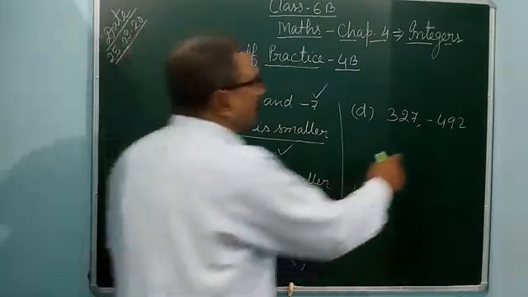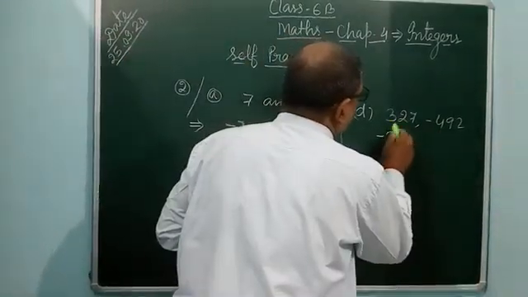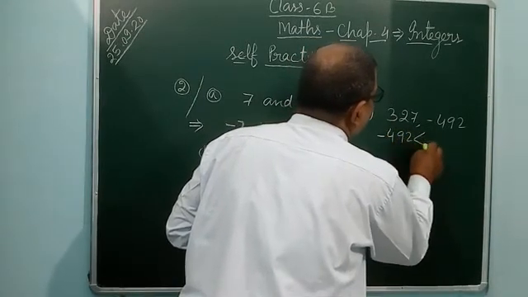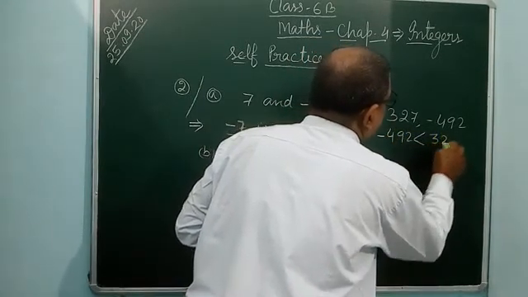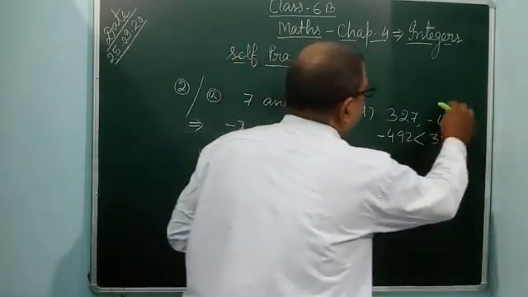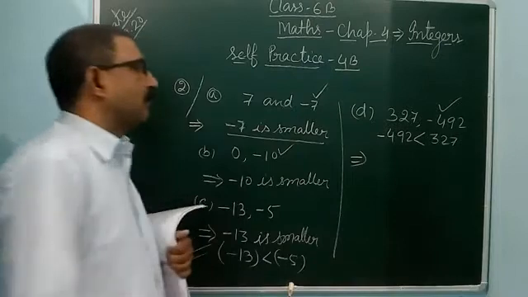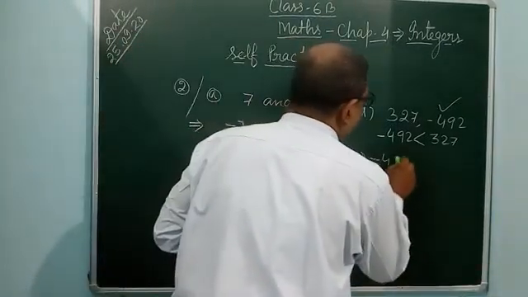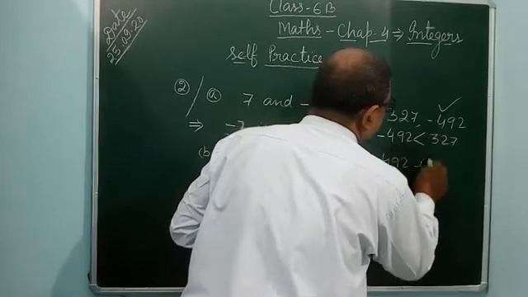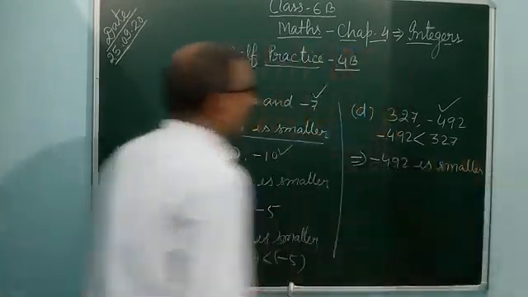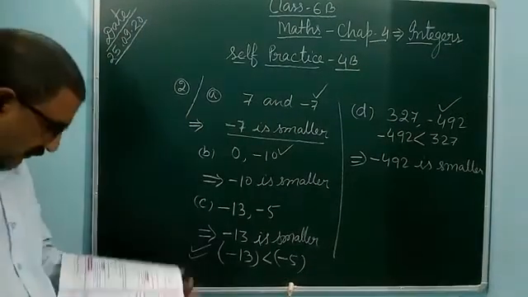So minus 492 is less than 327, which means minus 492 is smaller. In this way you can solve all the questions.